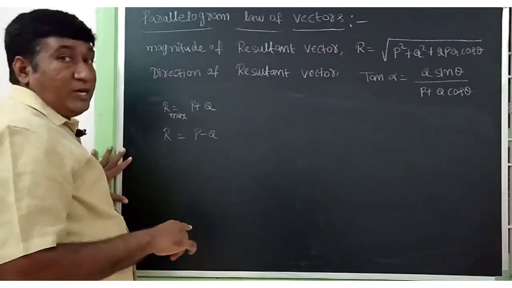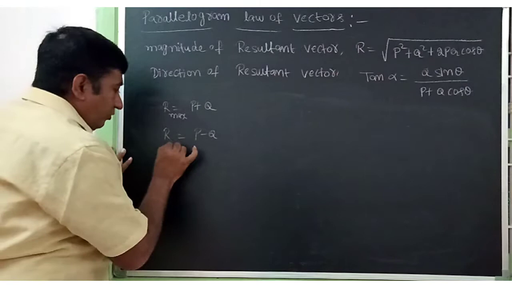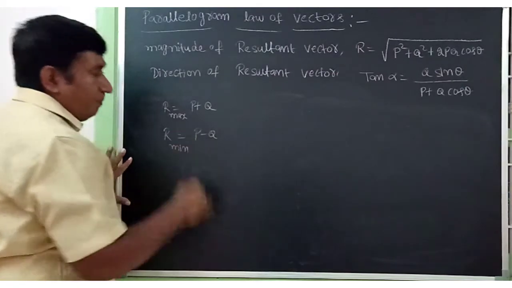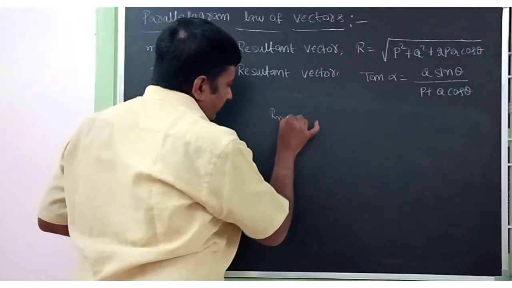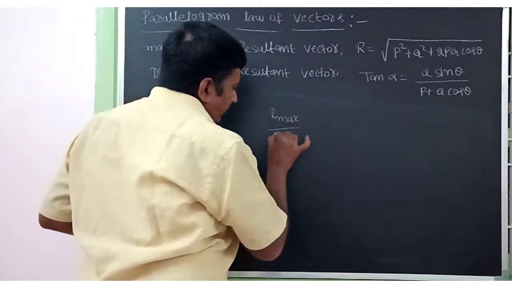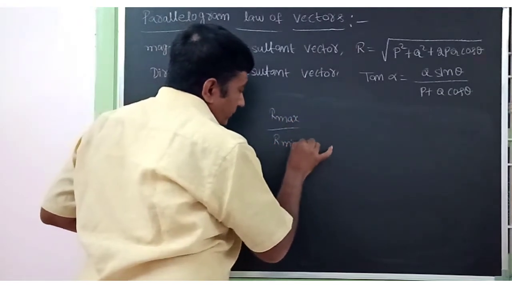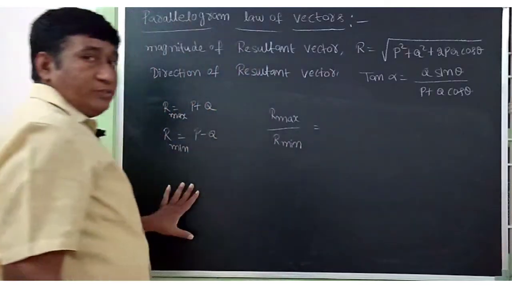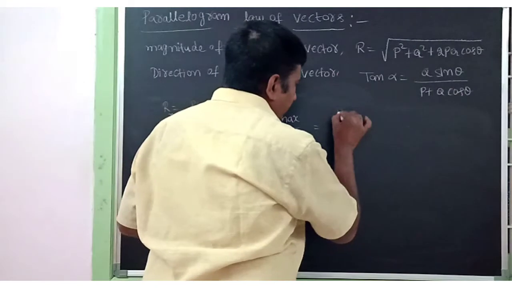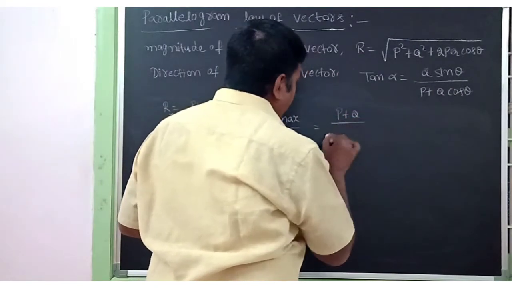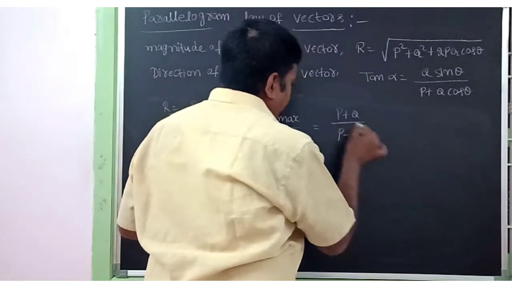Whenever they are anti-parallel, we get the minimum. With the help of this, we can write R maximum by R minimum, which we normally use for calculating numericals, as p plus q by p minus q.